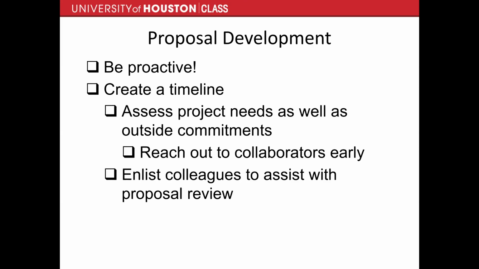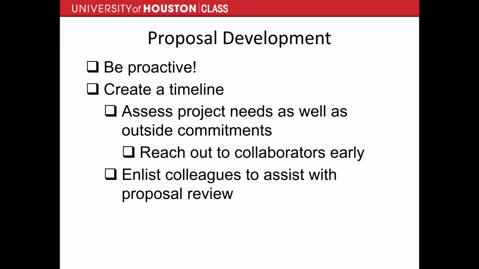So now we're at the proposal development phase. This, I can't stress enough, you have to be proactive. The reason I say this is because there are a lot of key players involved in this step of the grant life cycle that you want to stay in close contact with, because they will basically be assisting you in putting everything together.